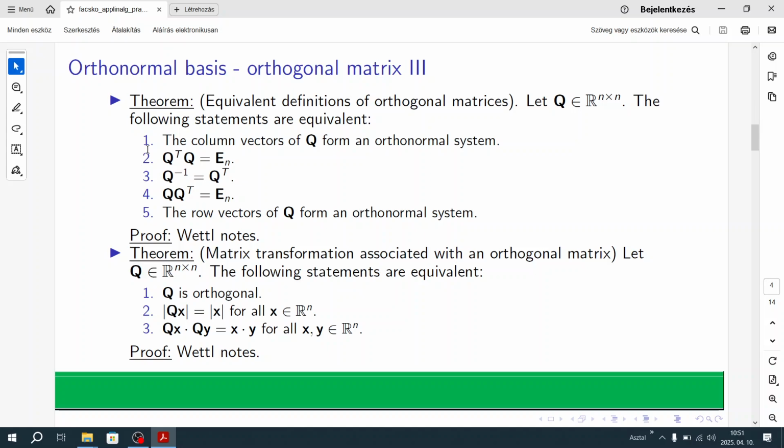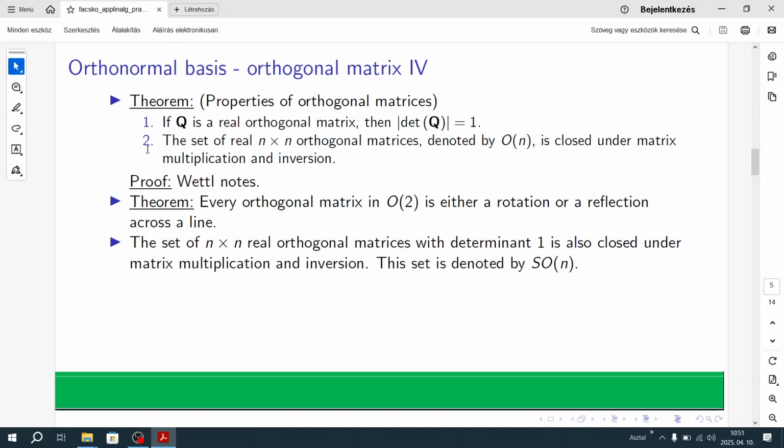I also could do this operation, but I won't. This is interesting. This is going to be very interesting from right now.